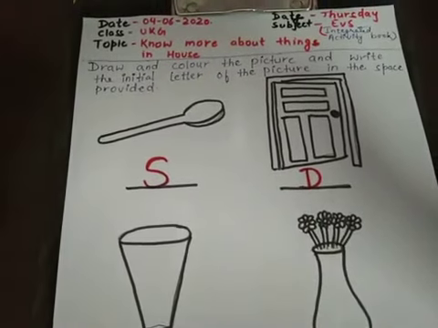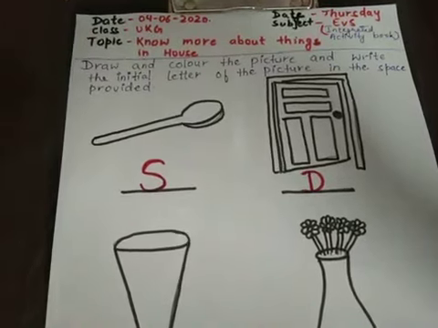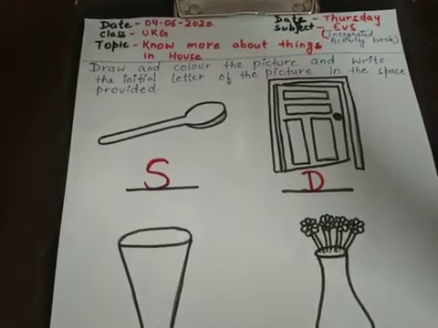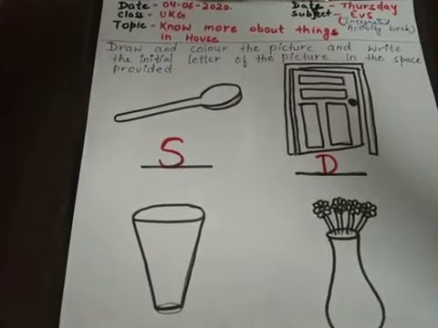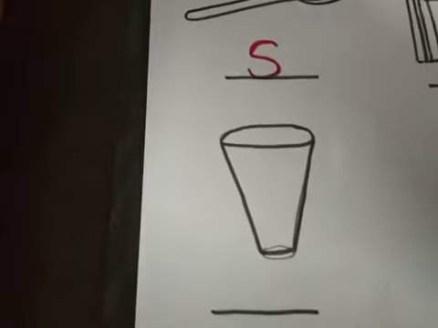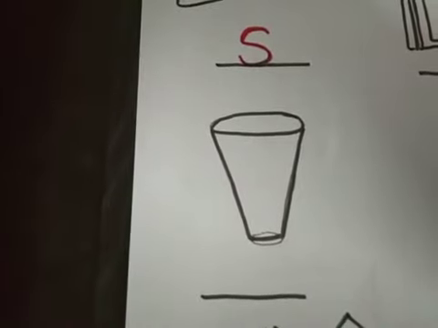But before that you have to draw the picture and color it, and after that write the initial letter of the picture.